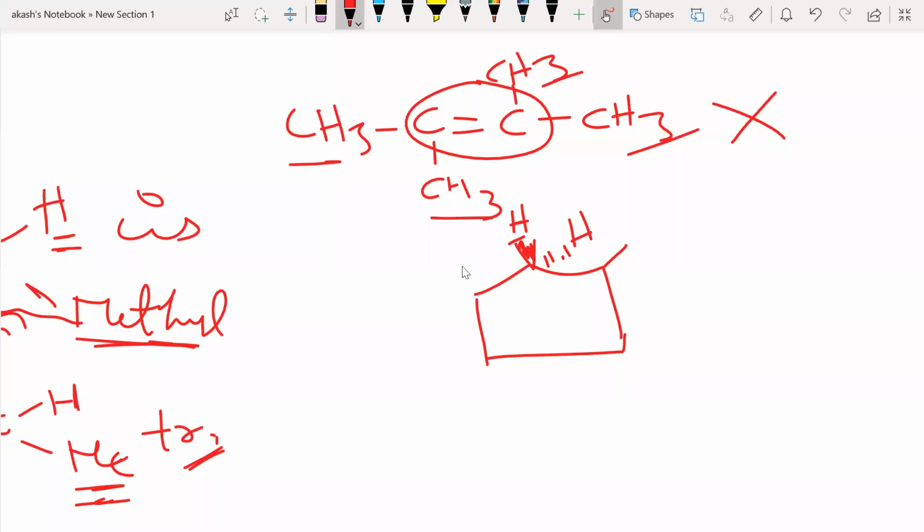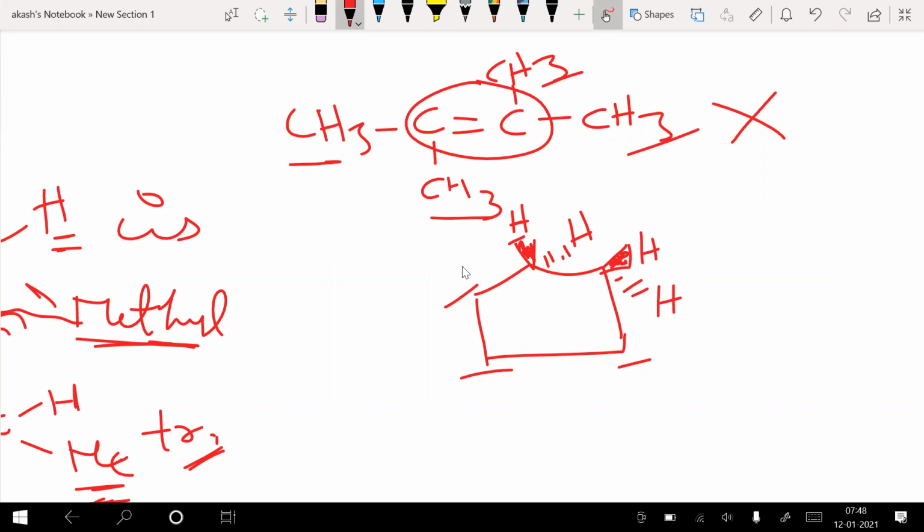In the same way, each of the carbon atoms will have two bonds, one bond pointing towards you, the other bond pointing away.